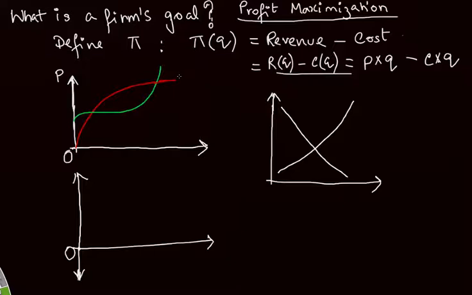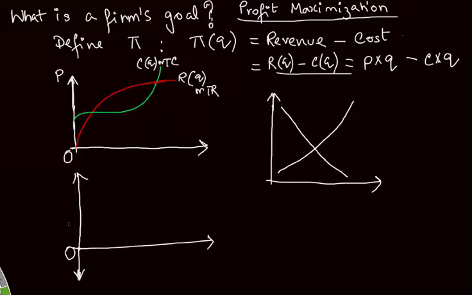So this is revenue, or total revenue, and this green curve is the total cost function, which we have derived earlier. So C(Q) is total cost, R(Q) is total revenue. Note that the cost function is also positively sloped, but the curvature of these two functions is different. The revenue function is concave, so as you move to the right, the slope decreases.